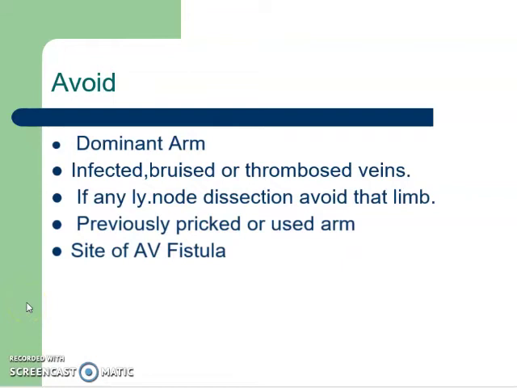Avoid it, because you need to cannulate at a place where the patient can be comfortable, and also can use his dominant arm to perform routine activities like eating, drinking, or he may want to hold something. So it's better to avoid a dominant arm.